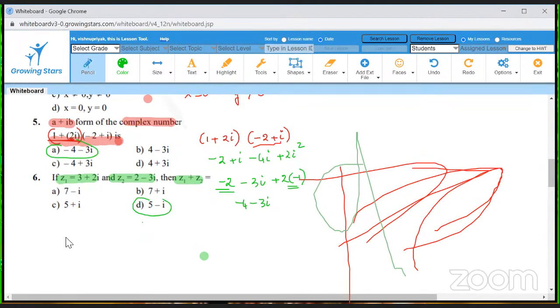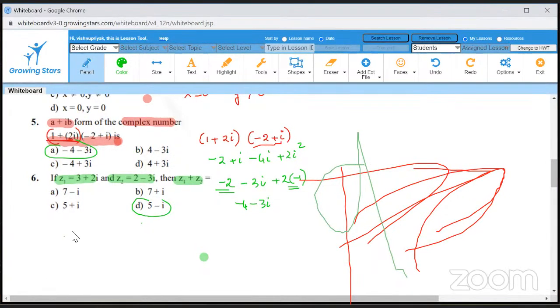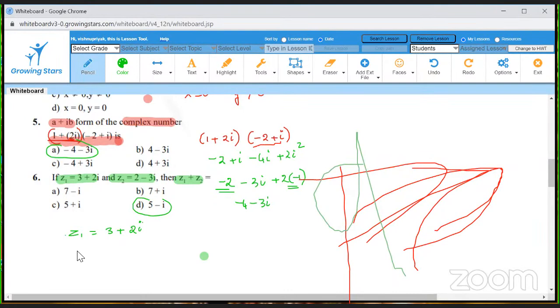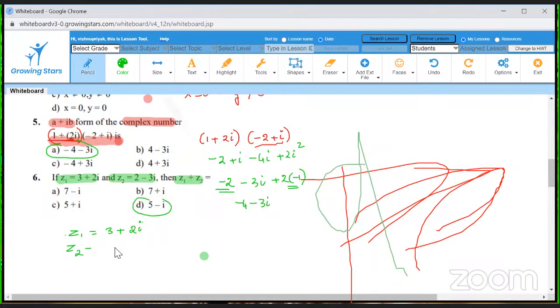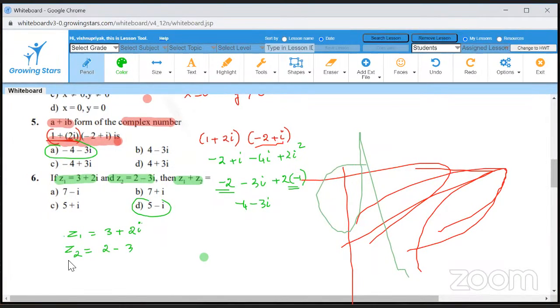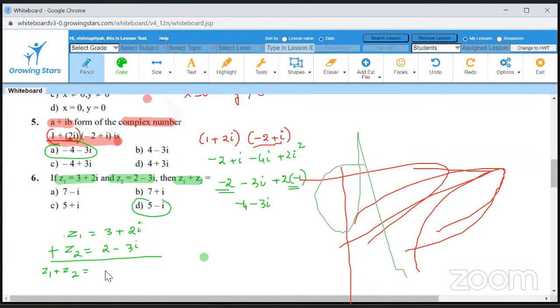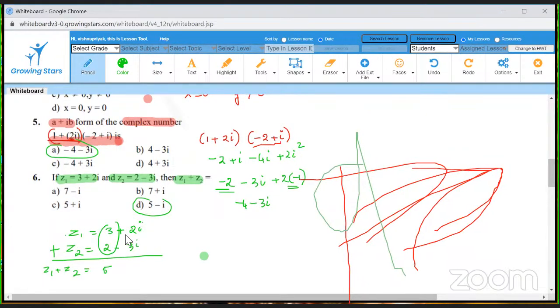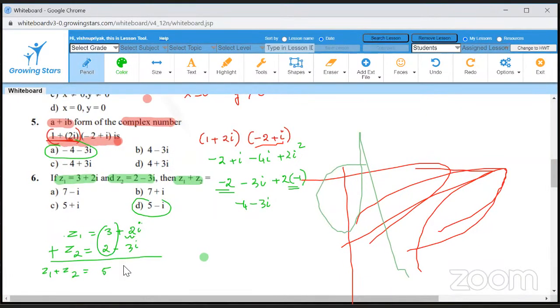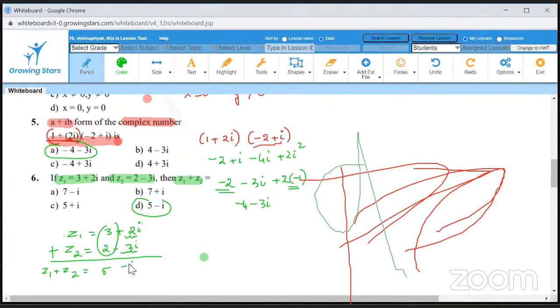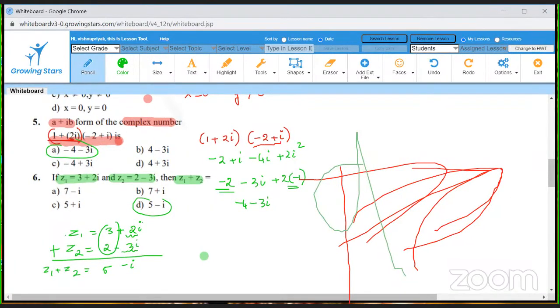Very good. What are you doing? Those who did not get it, Z1 is 3 plus 2i. Z2 is 2 minus 3i. When you add Z1 and Z2, Z1 plus Z2 will be 3 plus 2, 5. 2 minus 3 is minus 1i. 5 minus i. Option D is correct.